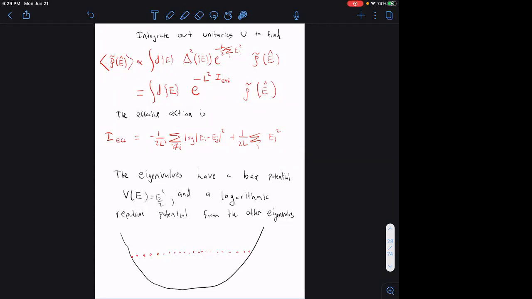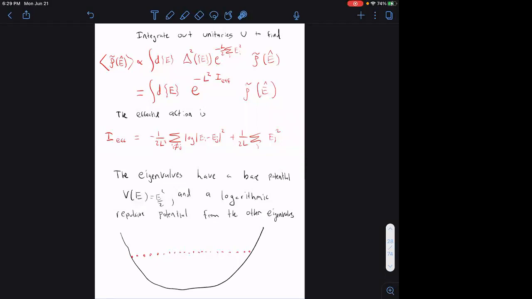So here, the average of rho is an integral over H, P of H rho, and then I've changed variables to the energies and the unitaries and integrated out the unitaries. So we're left with the integral dE, the Vandermonde measure factor, and this Gaussian probability for each E.